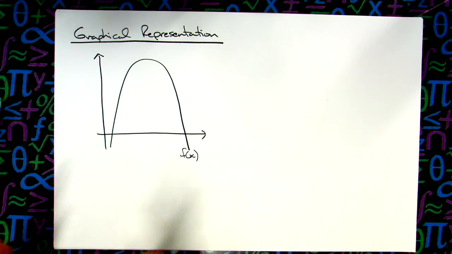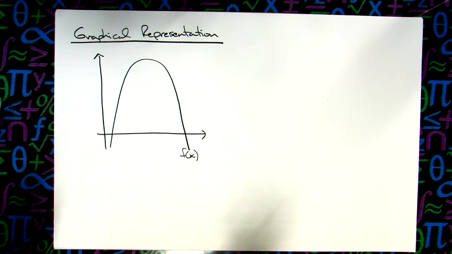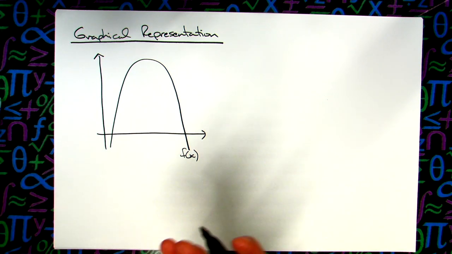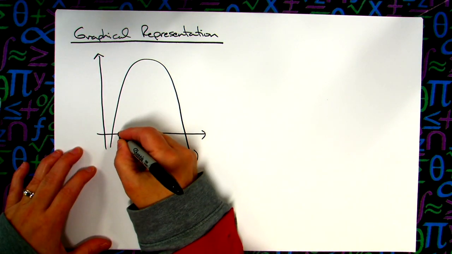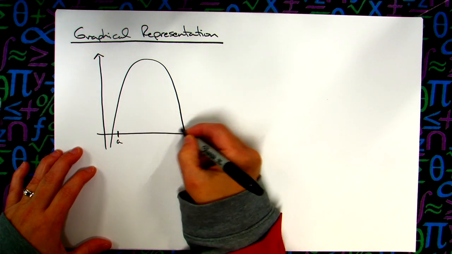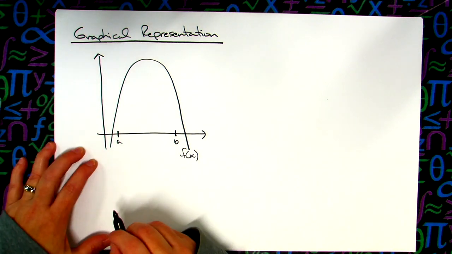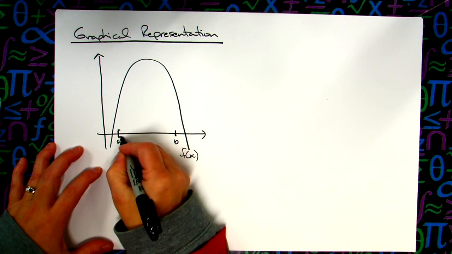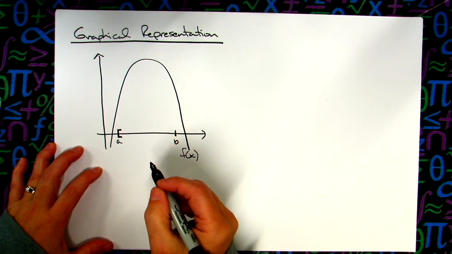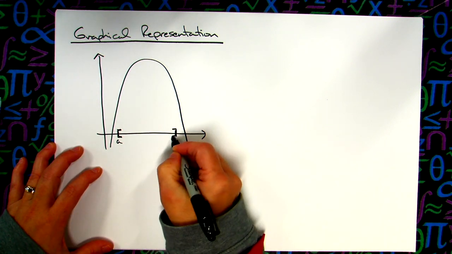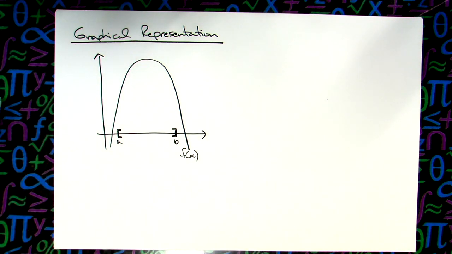Now let's say I'm going to look at a given interval on this curve. Let's say that maybe a is right here, and then let's say maybe b is right here. We want it to be a closed interval, so let's go ahead and make these square brackets. It's closed.